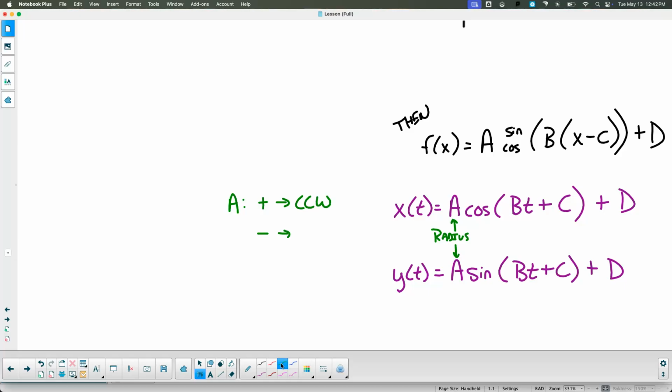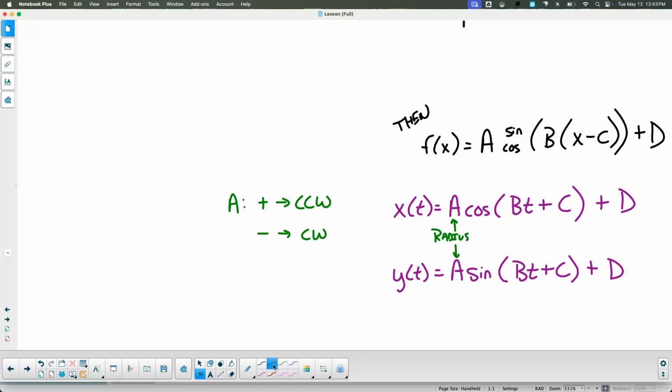If A is positive, you are going to go counterclockwise in your motion. If A is negative, you're going to go clockwise in your motion because that comes out of the unit circle. Positive angles go counterclockwise on the unit circle. Negative angles go clockwise on the unit circle. So that comes into play.